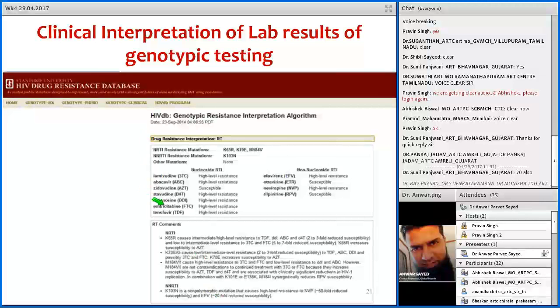We cannot stop here, that is the whole point. We cannot stop by just seeing that there is high level resistance to some drug. So this is how an individualized approach is used, where we exactly know what the resistance is and which drug will be effective. But the program approach which we are using is not very different from that.